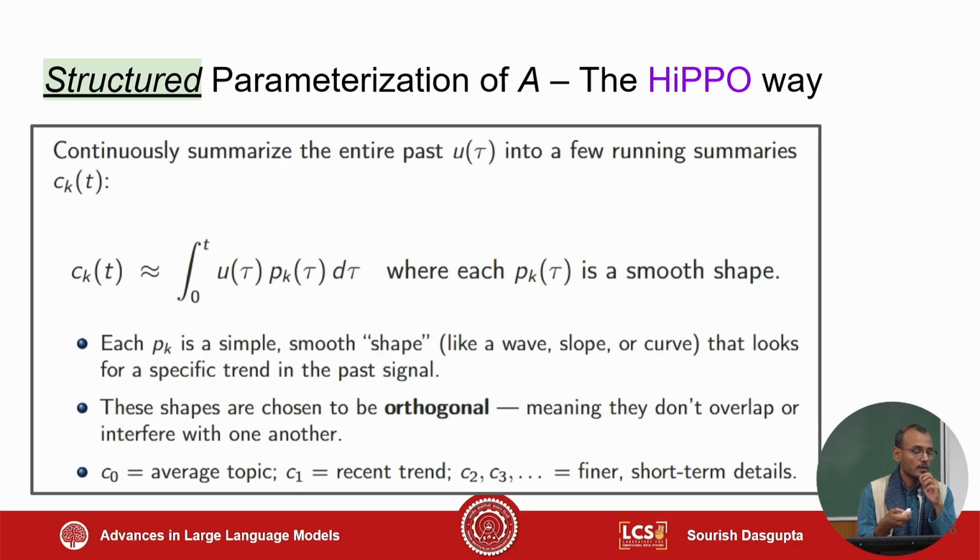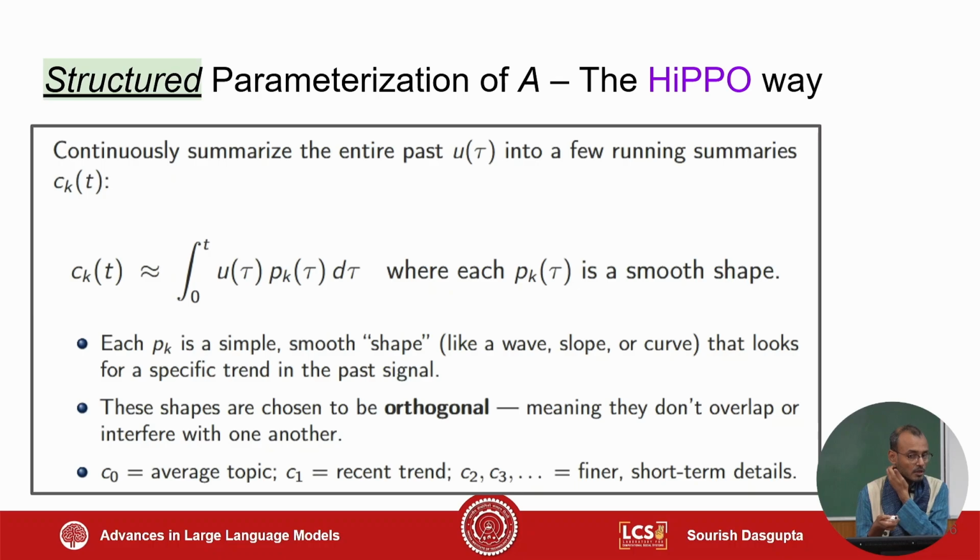You take the principal components of that summary, and then you come up with this form of a state, where C_k is, let's say, the running state or the running memory, the summarized version of it, and that is approximated as u tau multiplied by P_k tau, where P_k are basically the principal wave components, essentially.